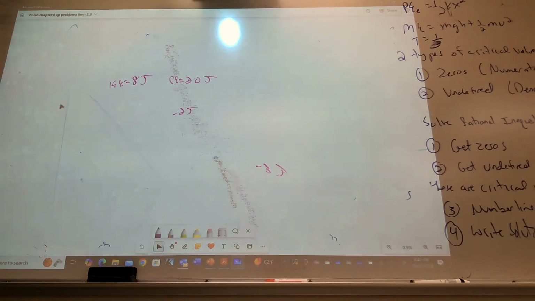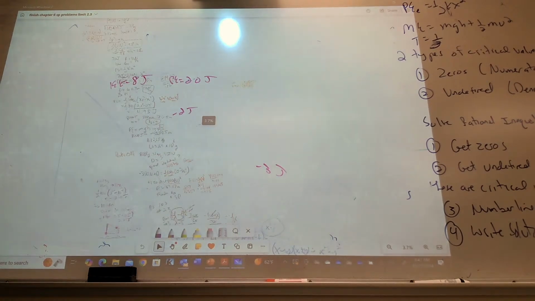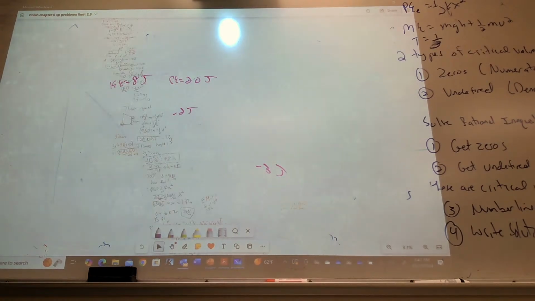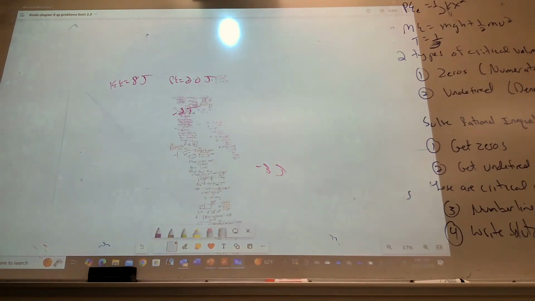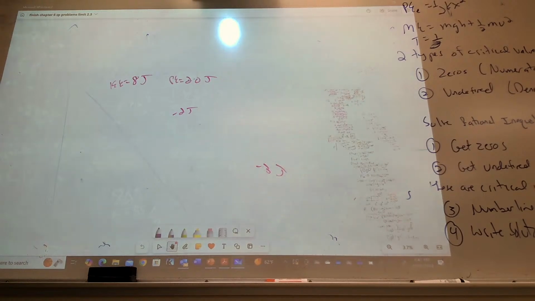Could you solve for the height? No, you can't solve for the height. Look at your notes, see if you can figure it out. Can anyone tell me?